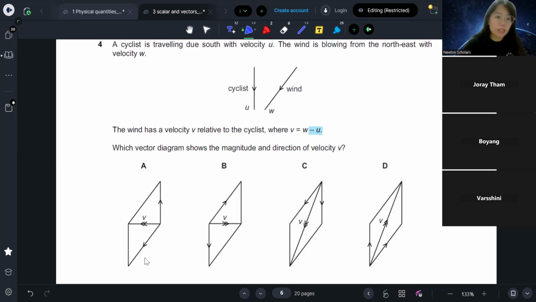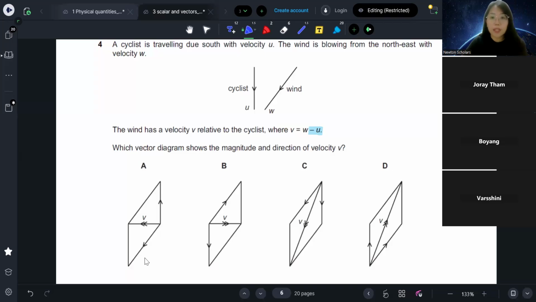Yes, 4A, correct. Machine, A, yes. Joray, Junho, Boyang, how? Kai Qian, I always forget about Kai Qian. Kai Qian, able to follow? I'm a bit confused. Okay, now I show you. Joray, okay. Junho is okay.